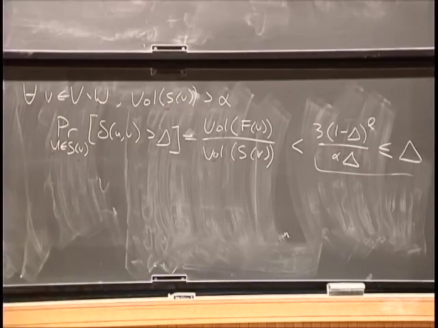The next thing is we want to argue that few edges are cut. So each edge is cut with probability at most delta of the endpoints of the edge.